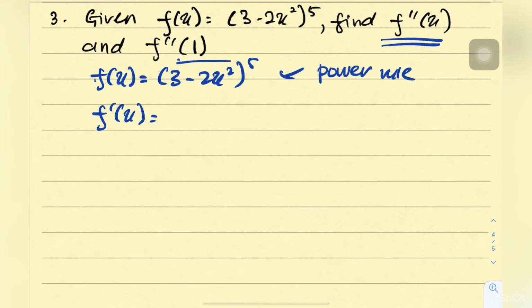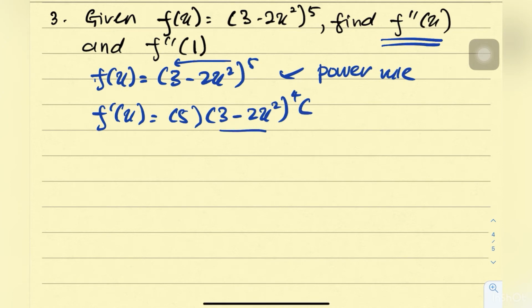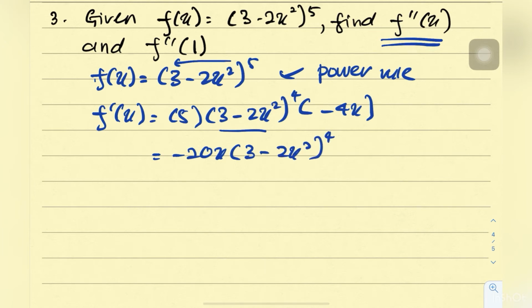We move down 5, then (3 minus 2x squared) to the power of 5 minus 1, which is 4, times the derivative of the function in the bracket, which is negative 4x. We simplify, and we get negative 20x (3 minus 2x squared) to the power of 4. This is f prime x.